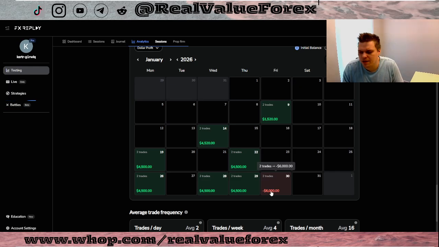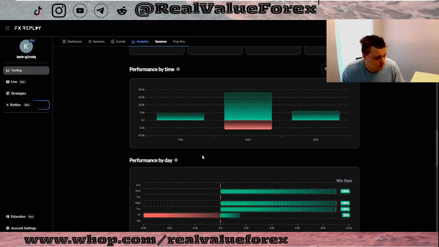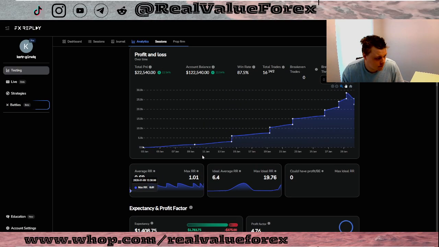It was only one day, one trade or one setup, that was really bad, but otherwise it was really good. Risking 3k per trade, the final result was 22%. Yeah, 22k in here.